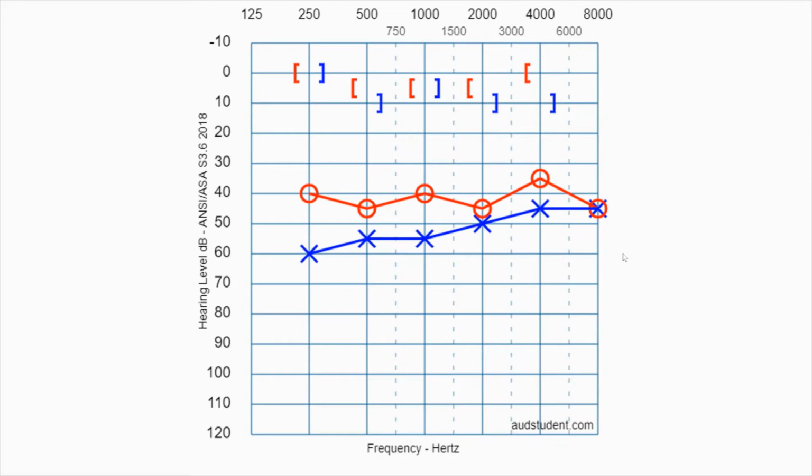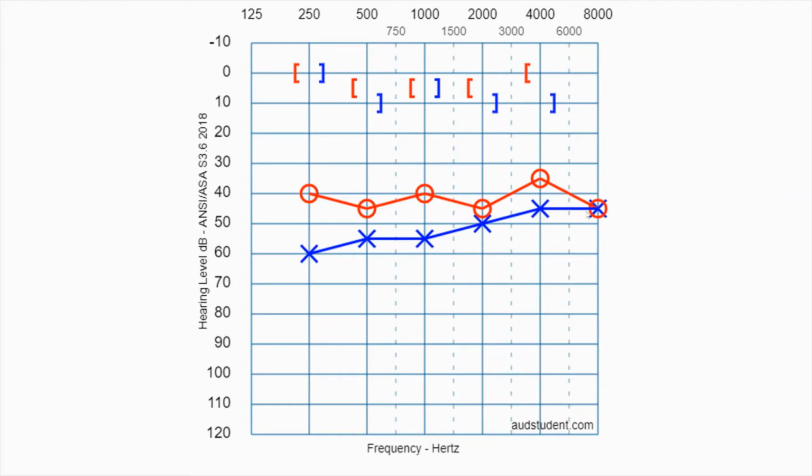So moving on to our fourth question, is there a degree in decibels that matches with most of the thresholds? Let's start with the right. The right has thresholds at 40, 45, 40 again, 45 again, and 35, as well as 45. That's going to put us in our moderate area of loss.